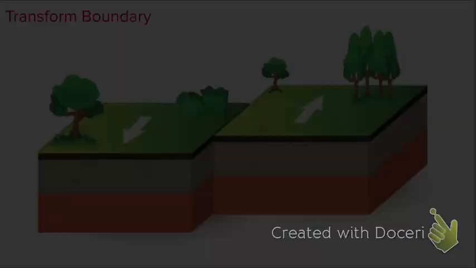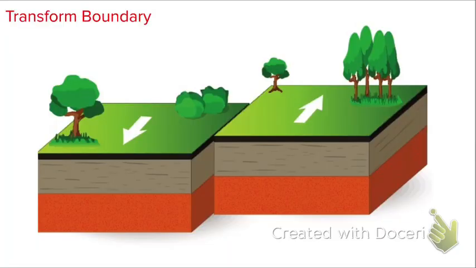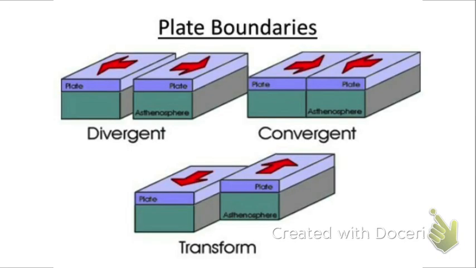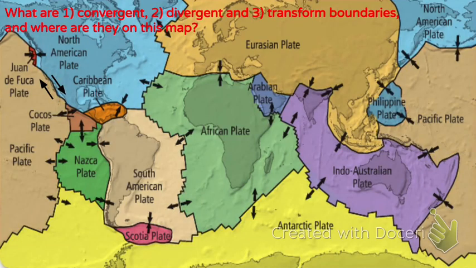Worth the trip. Okay, the last kind of boundary is a transform boundary, that's moving side to side away from each other. Okay, here they are: summary, divergent, convergent, transform. And so you should be able to look at a map like this and figure out which boundaries you have, which ones are convergent, which ones are divergent, which ones are transform.